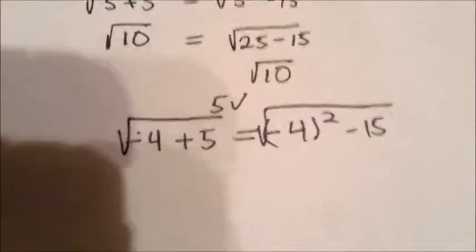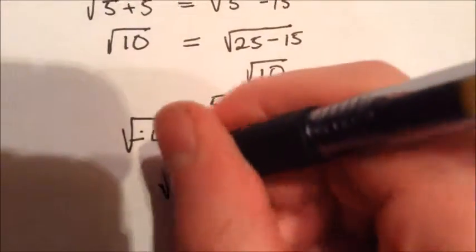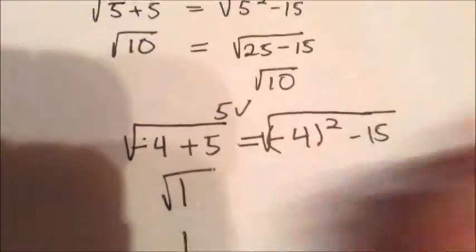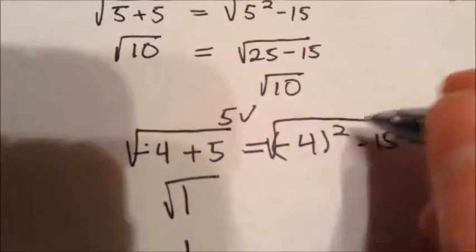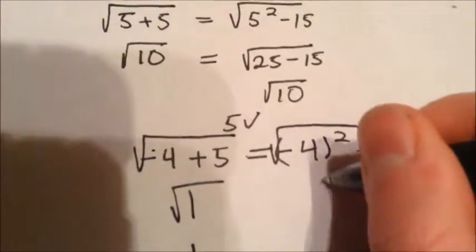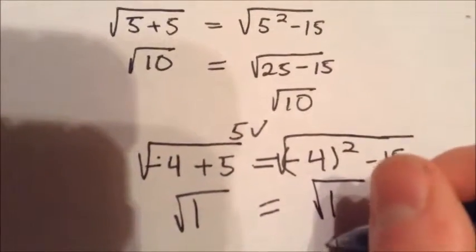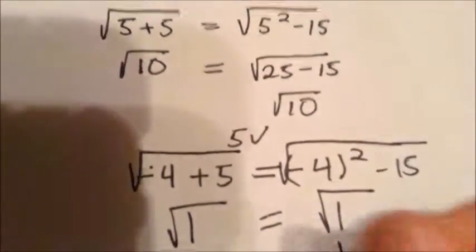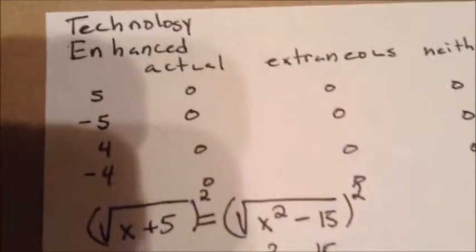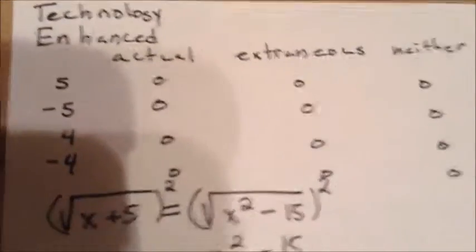Now it is square root of 1, which is 1, and this comes out to be 1 as well. So square root of 1, they equal each other. So negative 4 works.